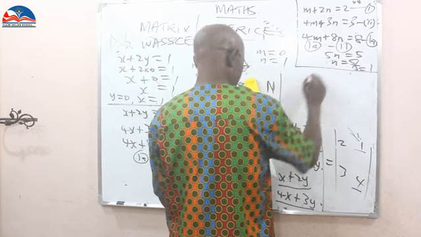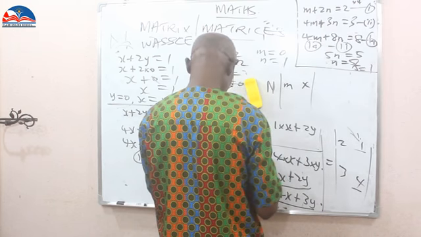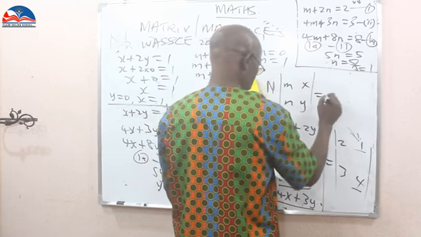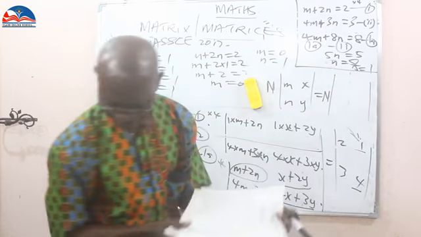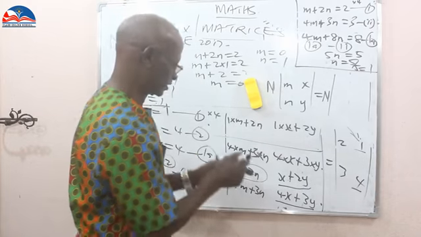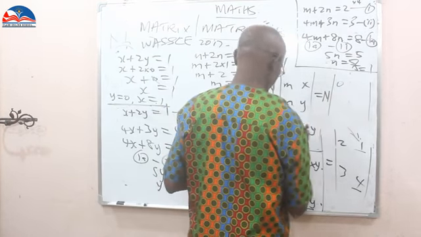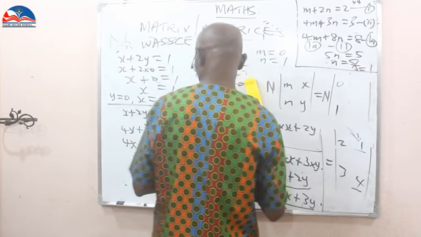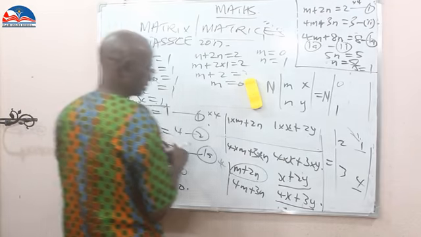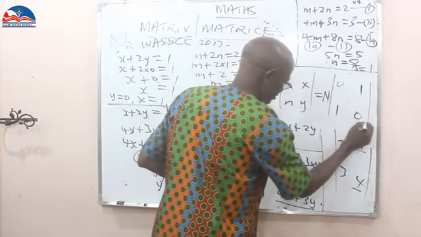We are given N like this: m, x, n, y. From our answers, what is m? m is 0. What is n? n is 1. What is x? x is 1. And what is y? y is 0.